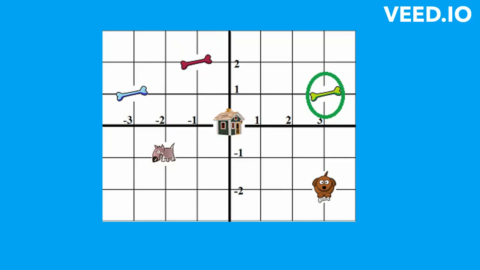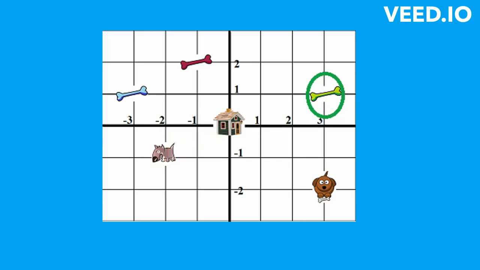Let's try to find this one here. It is 2 units from the origin on the x-axis but in a negative direction, in a backward direction. So -2. It is 1 unit from the origin in the direction of the y-axis but in a downward direction, in a negative direction. So -1 is the y coordinate.